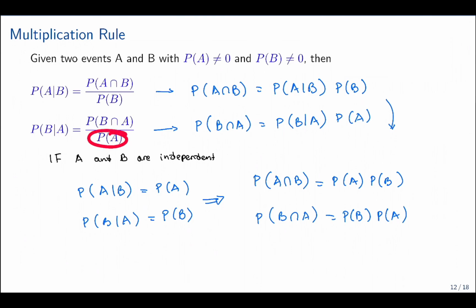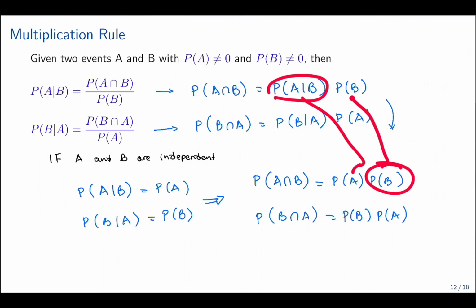So we multiply the probability of A by the probability of B given A. Okay. Now, if A and B are independent, we also have the probability of A given B is equal to the probability of A, and the probability of B given A is equal to the probability of B. So if we combine this with these two, the probability of the intersection is equal to the probability of A given B, but we can replace it by the probability of A, and we keep the probability of B the same.